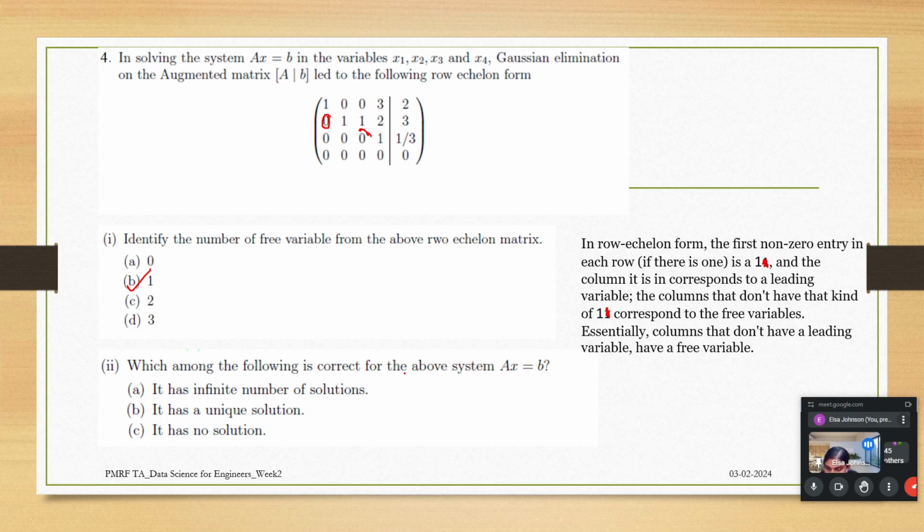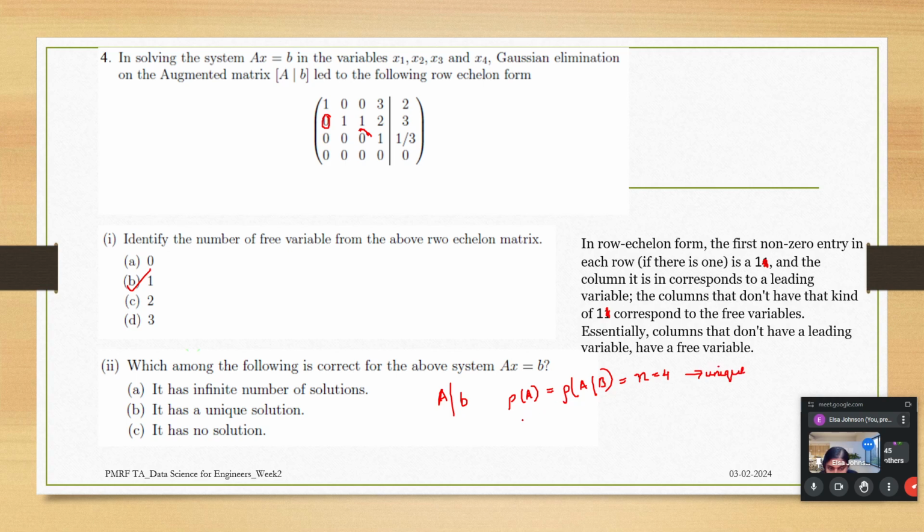In the augmented matrix [A | b], if rank of A is equal to rank of [A | b] and it is equal to the number of variables, here 4 variables, so all these are equal to 4, then it will be a unique solution.